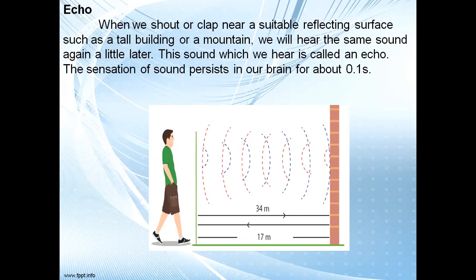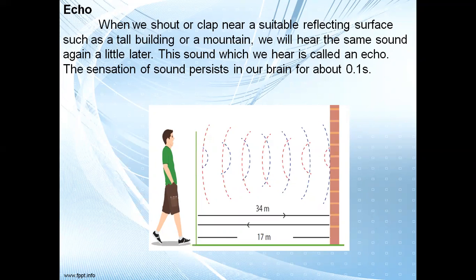So we produce a sound, it reflects, and we can hear it within 0.1 second. So the interval between the original sound and the echo is 0.1 seconds.